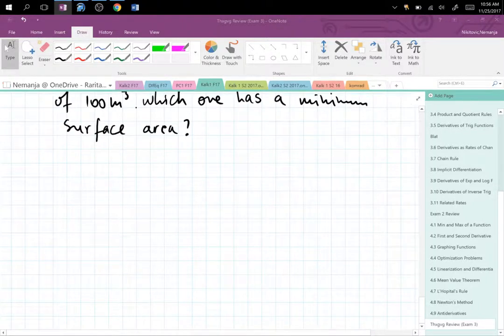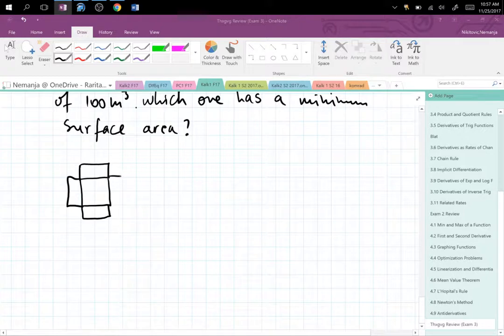A box is a three-dimensional object. If it is to have a square base, I can draw a diagram for it. This is the square base, and these are the four sides that you need to stand up to create the sides of the box, and then you need the lid, which is the top. So it looks like this.